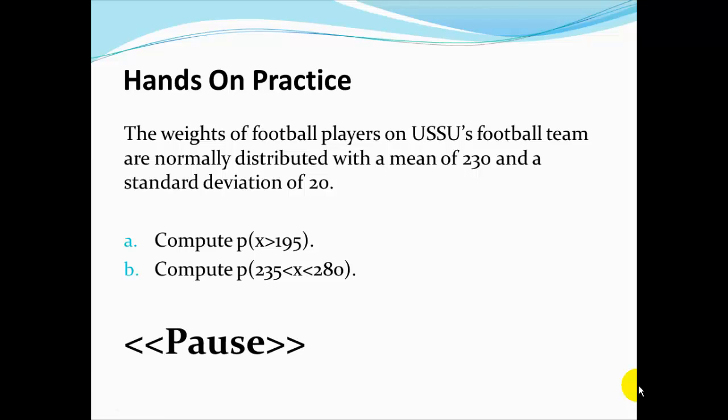Now let's get some hands-on practice. The weights of football players on USSU's football team are normally distributed with a mean of 230 and a standard deviation of 20. A. Compute the probability that X exceeds 195 pounds.